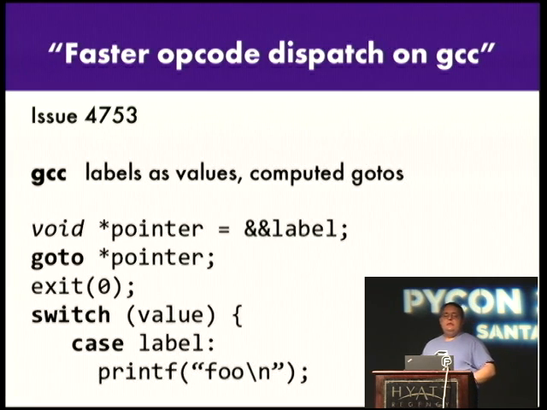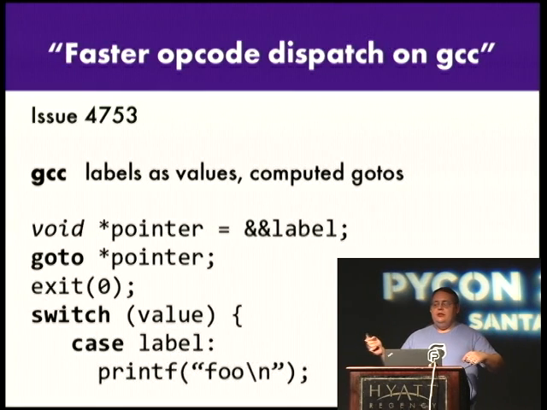So how this works, you have a new operator in C, double ampersand followed by the name of a label. That's the unary double ampersand operator, which never existed before. And this is an expression of type void star. So you can take that value and assign it to a void star pointer. And then you can do the second thing, which is the computed goto.